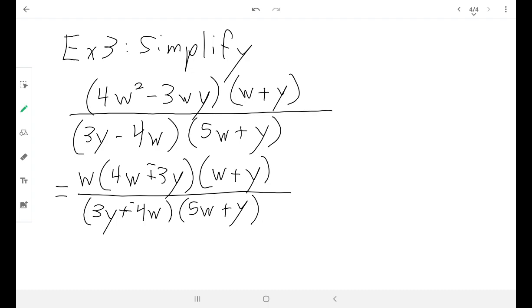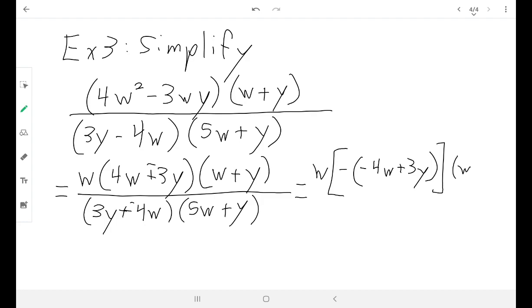The way we fix that is, all I have to do, and I'll do it over here, is factor a negative out of this. Okay, so if I factor a negative out, then the 4w becomes a negative 4w, and the negative 3y becomes a positive 3y.